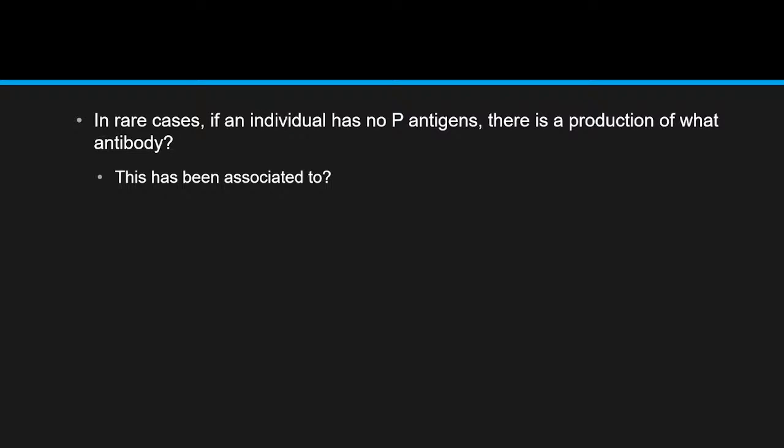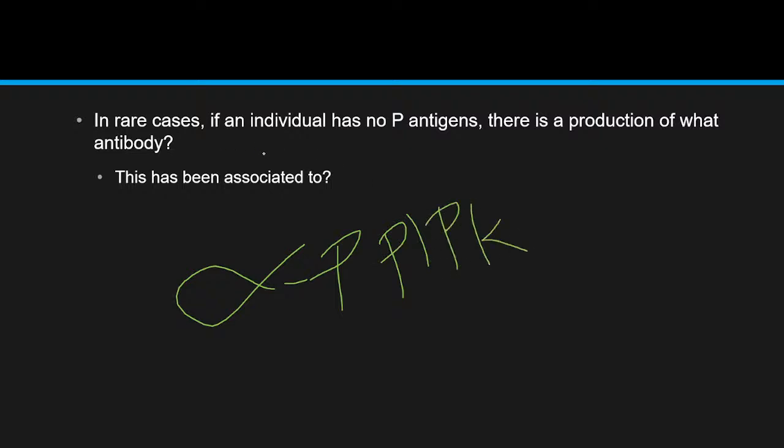Now, in rare cases of an individual with no P antigens, what antibody is produced? Obviously, you will have an antithetical antibody. So therefore, you will produce what type of antibody? Anti-P, P1, PK. Why did I say so? Because this means that there's no antigens.